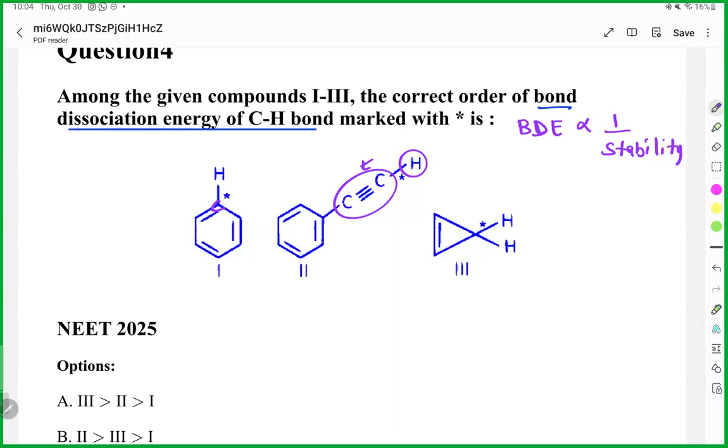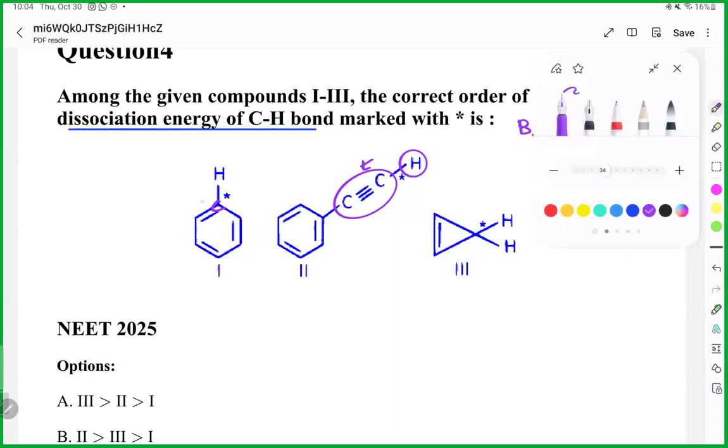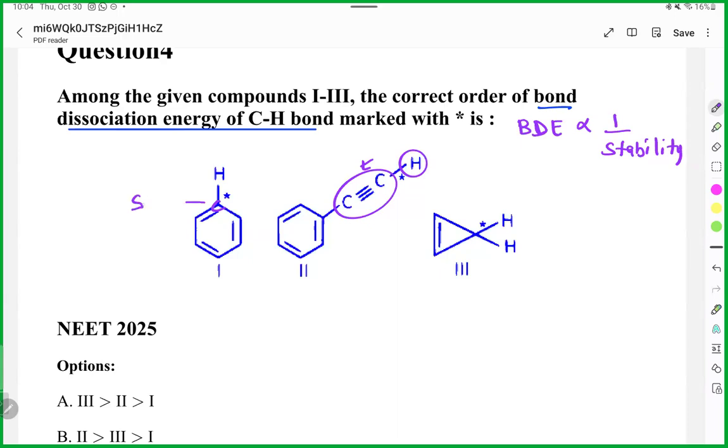So you have to look for the S character. Example, here it is sp2 hybridized carbon. Here it is sp and here it is sp3. Yes or no? Any doubt? No, sir.